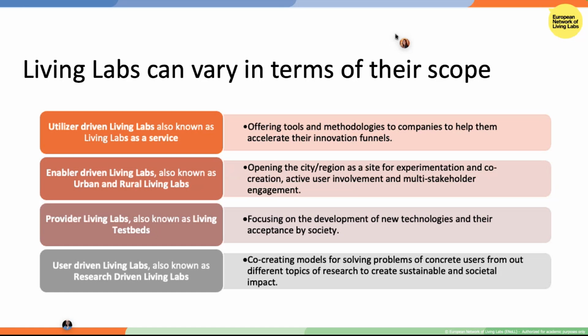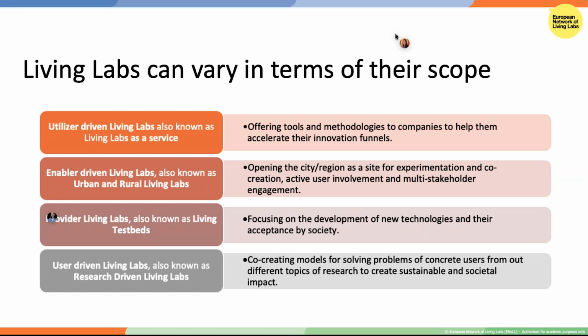For example, we know that there are urban and rural living labs. We know for sure that there are more focus-oriented, energy-oriented living labs. But these are only main categories because as societies are different and are characterized by diversity, also living labs are. And for example, if we talk about an urban living lab, you will see that the living lab focus will be about the urban environment, so about citizens, about cities, about the quality of life in a city.